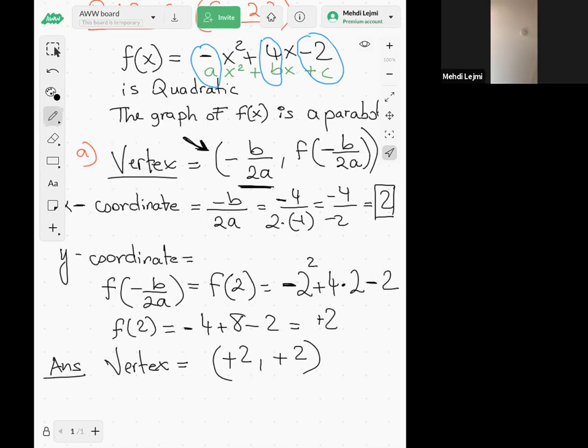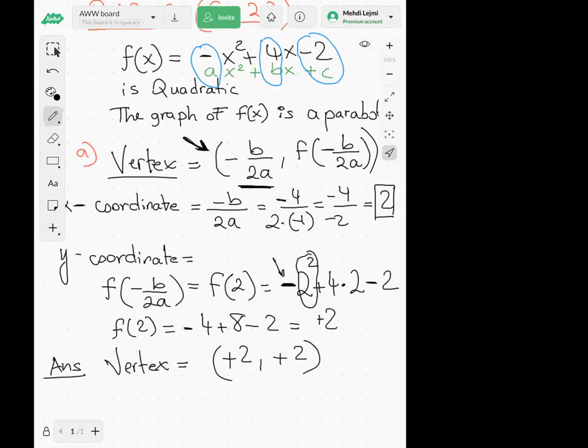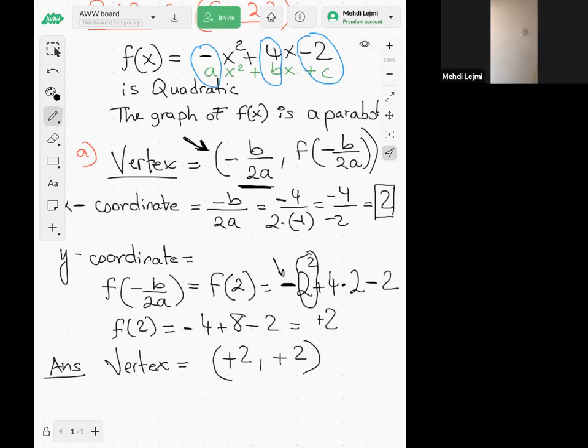Well, I mean, PEMDAS, right? You think of the negative as a subtraction, and the square is a power. So you do the power first, the 2 squared, that's 4, and then the subtraction. So that's -4.